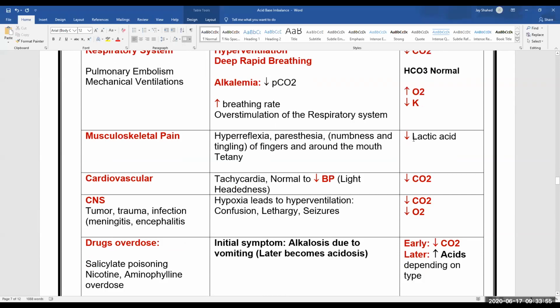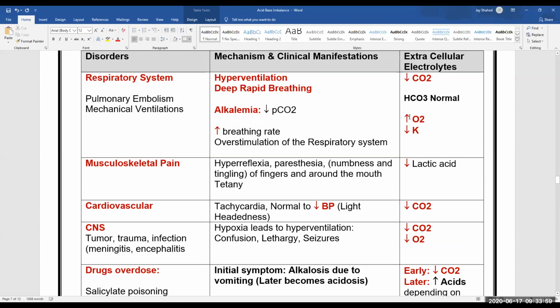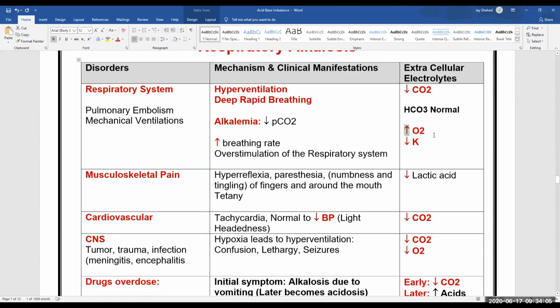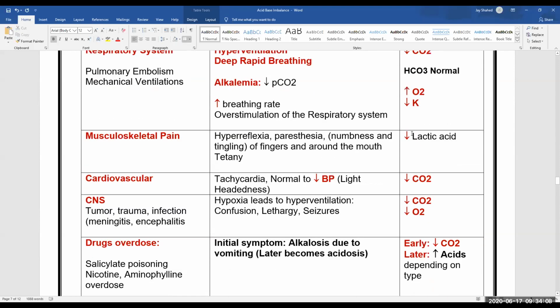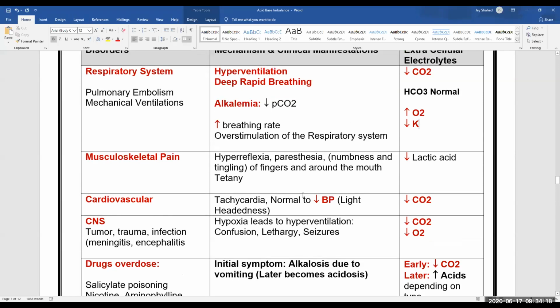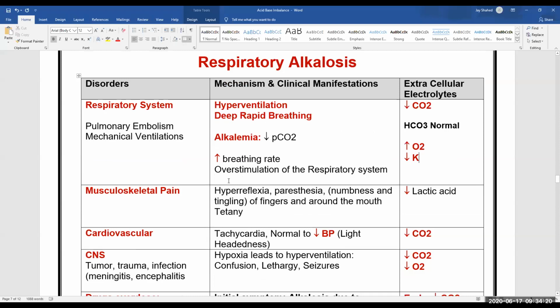In this case, we are actually increasing lactic acid, not decreasing. Does that make sense with you guys? Because if it increases, then we become acidotic, correct? Increased lactic acid makes you acidotic, but in this case it's alkalosis, so it's decreased.